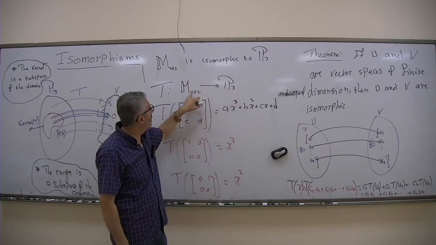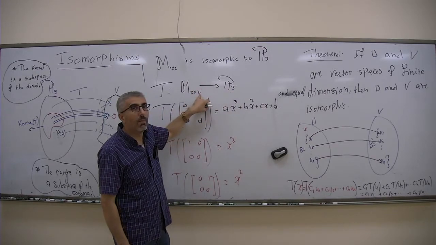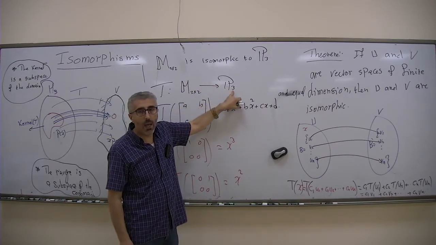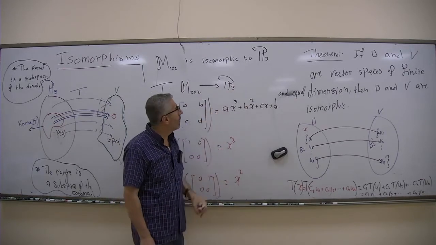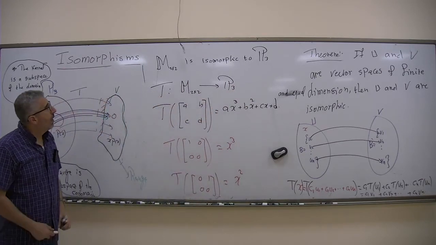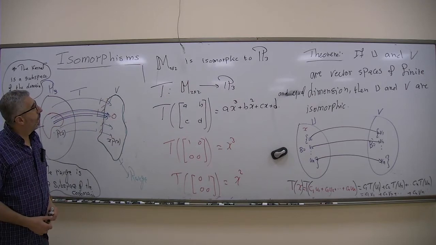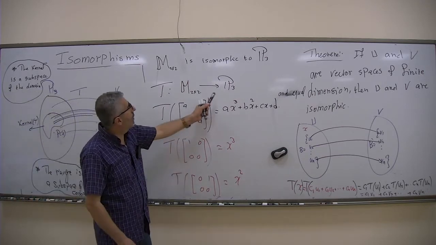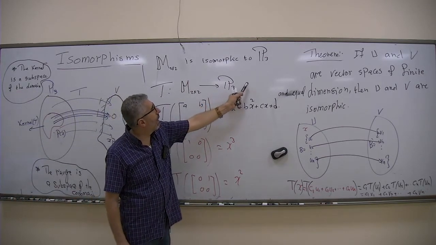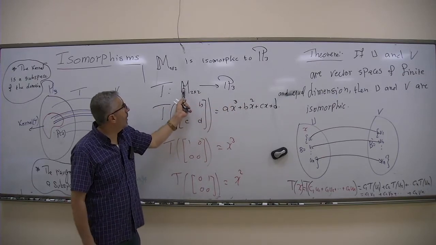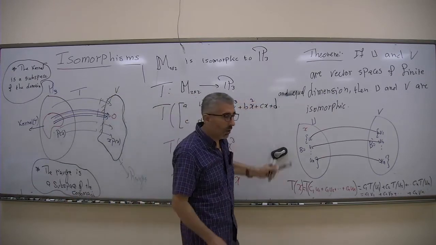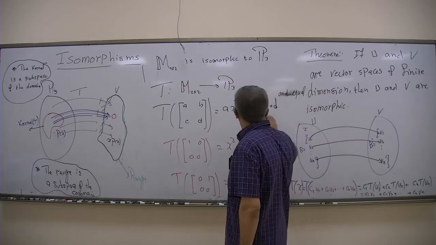What if I take this m by n? This should be mn minus 1. Okay? And we know this is also isomorphic to R4. So this, you can make it now isomorphic to R4.